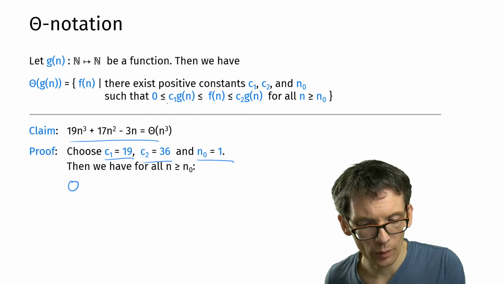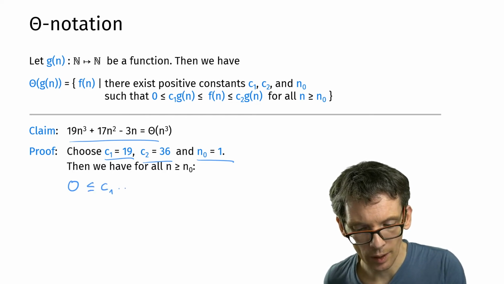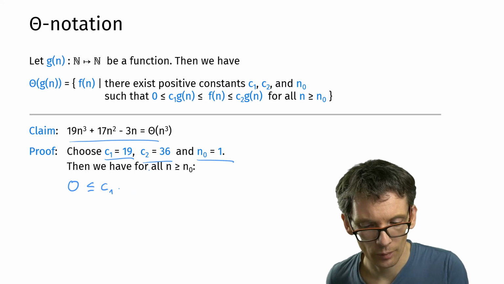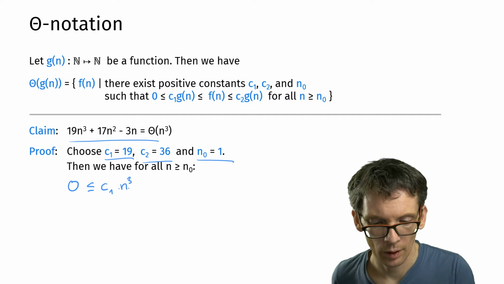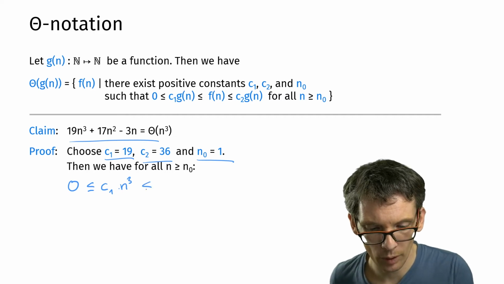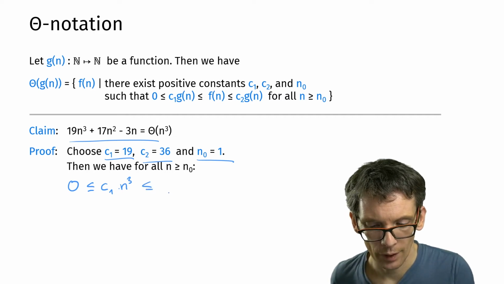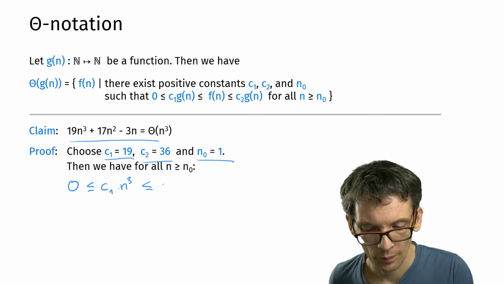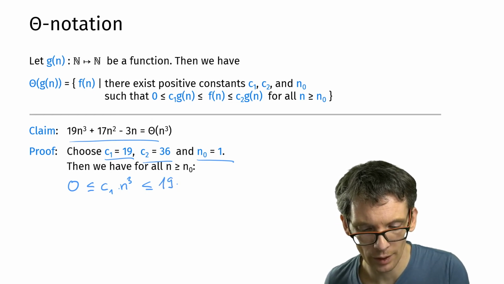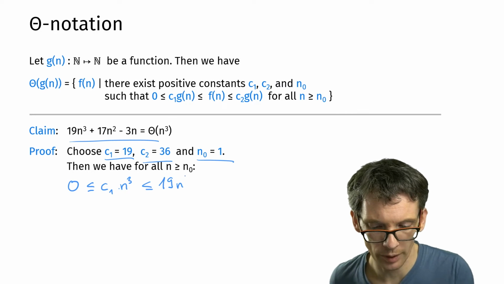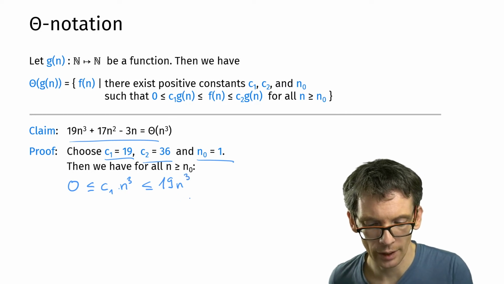I want to have 0 smaller or equal C1 times g of n, in this case n cubed. I want that this is smaller or equal f of n. And C1 is 19, so this is not only smaller or equal, but it is equal to 19 n cubed.